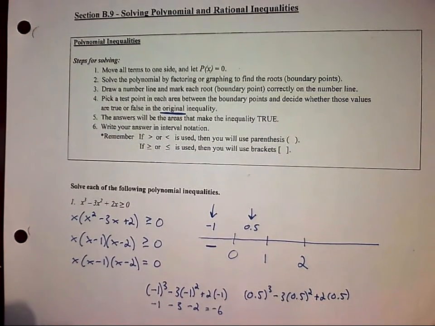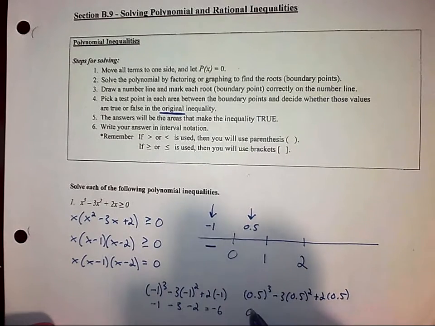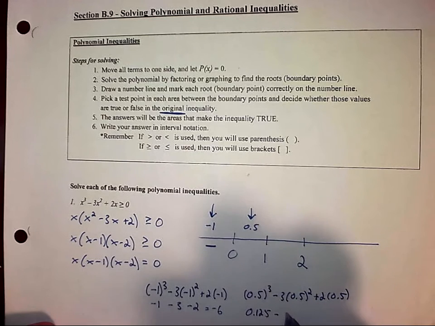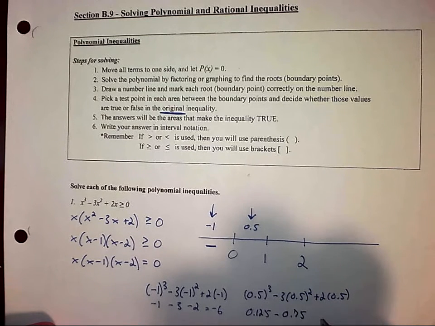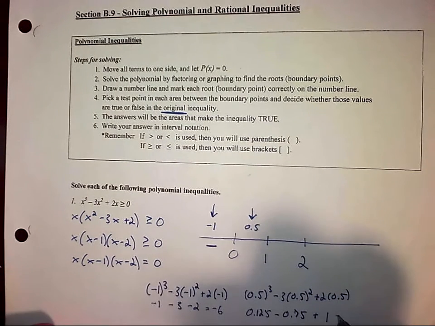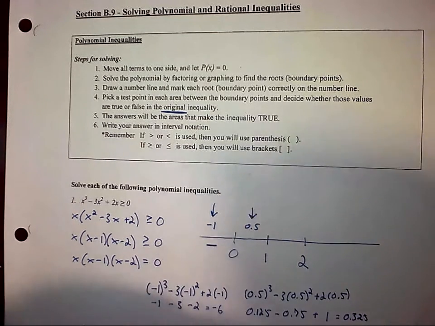Now if you do this, this is going to give you 0.125 minus 3 times a quarter, which is 0.75, plus 2 times 0.5, which is equal to 1. So here, this is going to come out to 0.325. Did I get that right? No, 0.375.